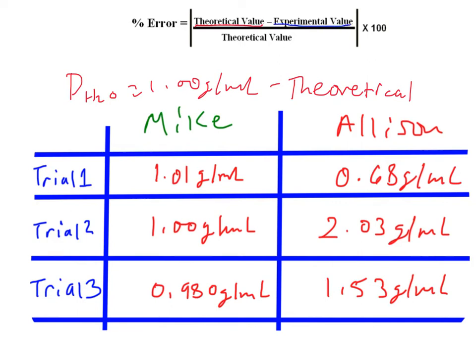We do not have a spot for three separate trials worth of data. So there are two approaches to this. You could find the percent error for each trial individually, or you could find the percent error for the entire experiment by taking the average of all of the trials. And I think that's the method that we'll go with.